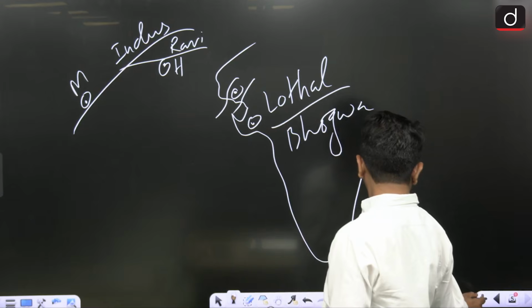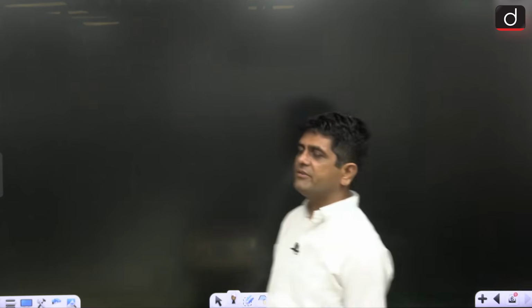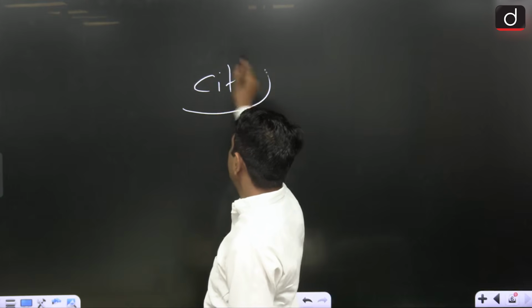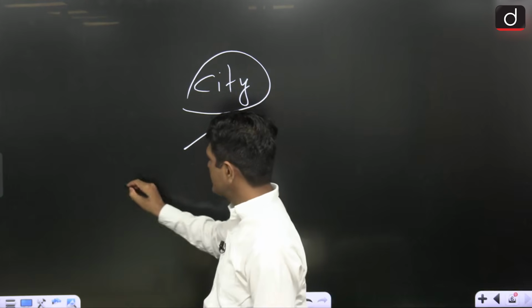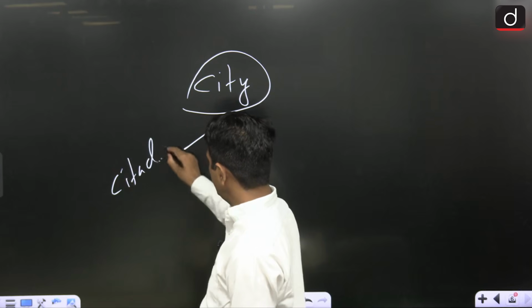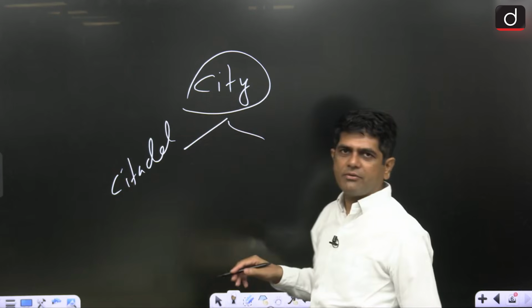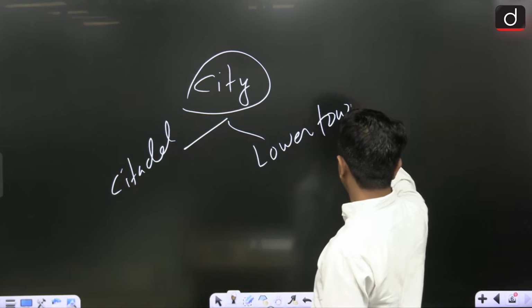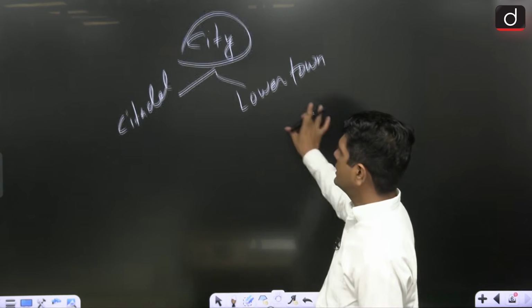Then the second is about the division of the city. A city or urban area was normally divided into two parts. The first is called the citadel and the second one was called the lower town.